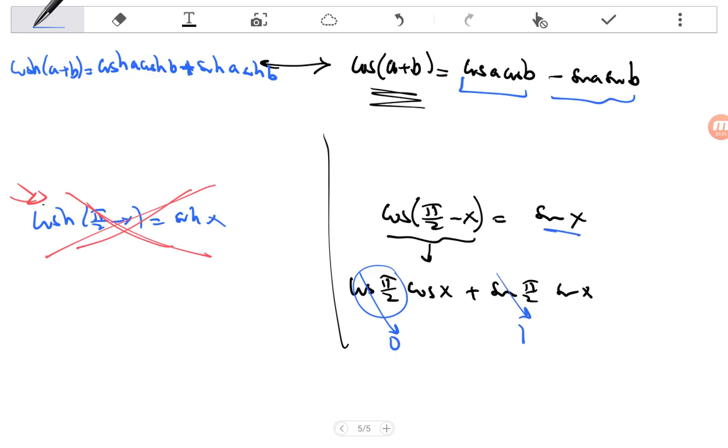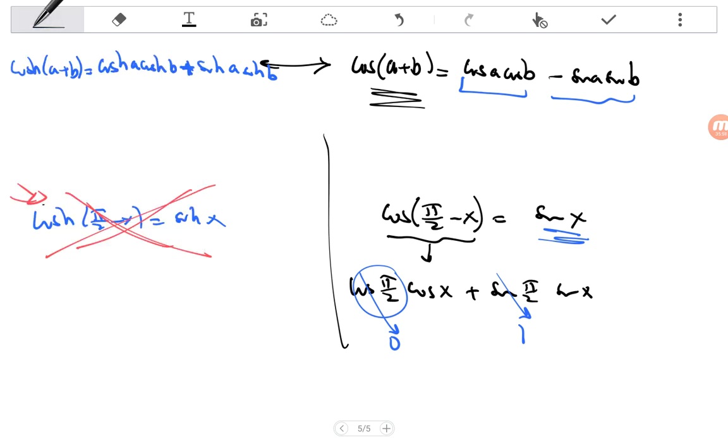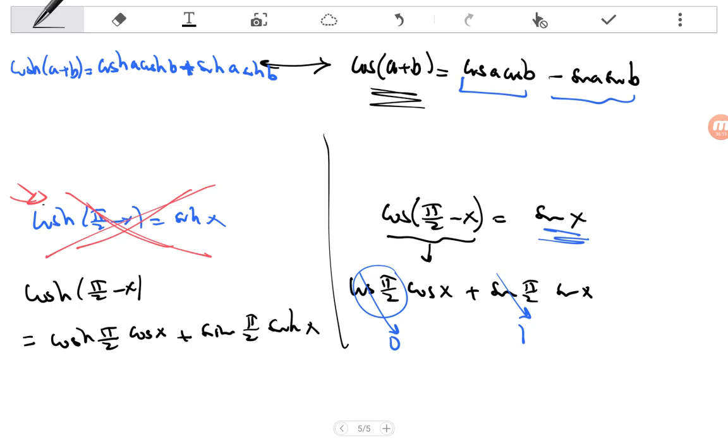So that's why the result was sine x. So if you need to know the analogous rule for cosine pi over 2 minus x, it would just be with a negative sign here. It will just be like that.